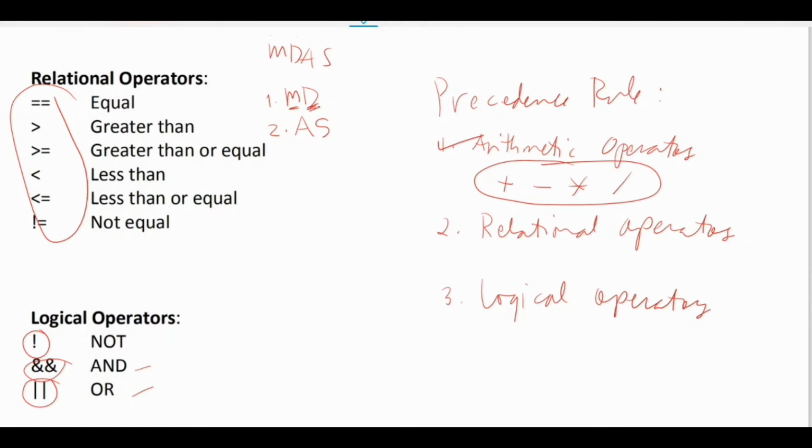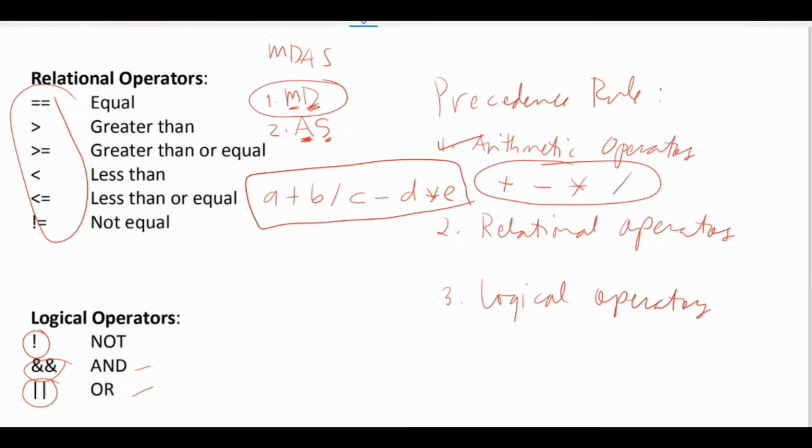And the one that will be performed first is whichever comes from the left going right. Okay? And also this one, whichever comes from left going to right. For example, we have A plus B divided by C minus D times E. We have here the four arithmetic operators. So first, you are going to perform all multiplication and division. So this would be first.